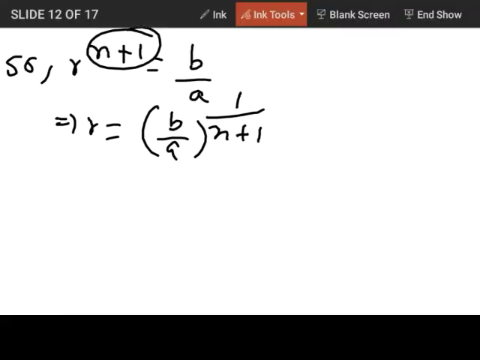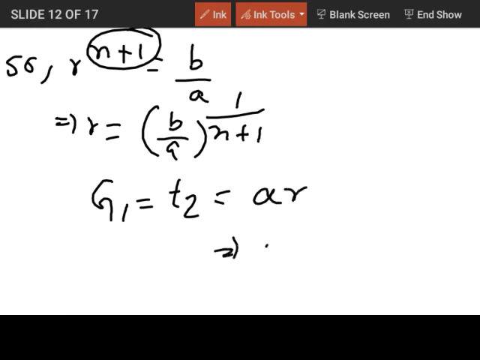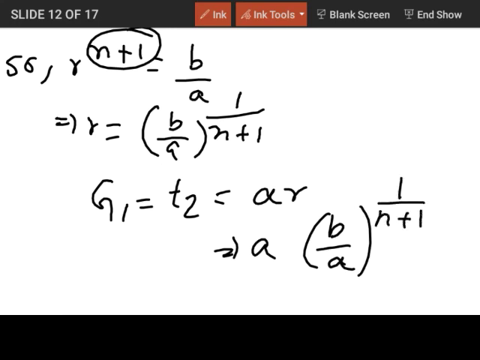now you tell me, what will the first geometric mean be? That is g1, which is nothing but t2. T2 is ar, or a multiplied by (b upon a) raised to 1 upon n plus 1. Correct.